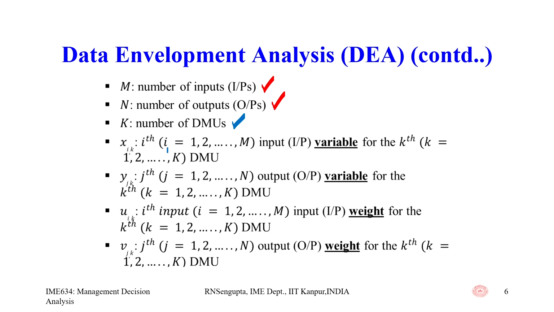Small i changes from 1 to m, which I am highlighting in blue. Small j changes from 1 to n, which I am highlighting in green, till capital N. And finally, the value of k, for the DMU, changes from 1 to capital K.